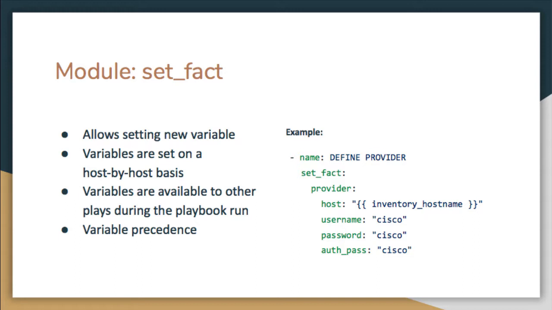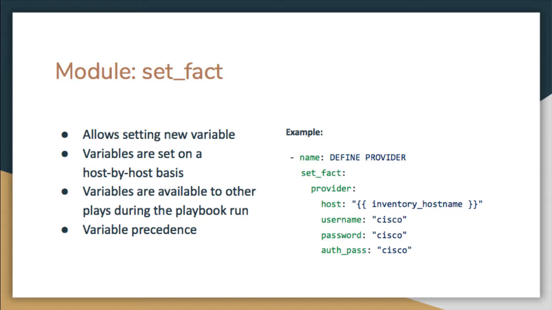And these variables are also available to other plays as the playbook runs. So it's not just a one use sort of thing. As you go play to play, this will be available as long as the playbook's alive. And a lot of people ask about variable precedence. We're really not going to get into that, but there's some very good documentation on the Ansible website around that.